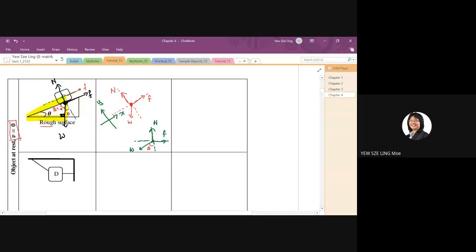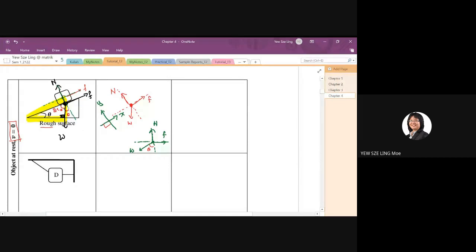The reason why is because if you look at the diagram, W forms a right angle triangle with the inclined surface. By using the angle rules in your mathematics, you can identify that this theta is equal to the angle beside the y component, because the x and y components give you 90 degrees.